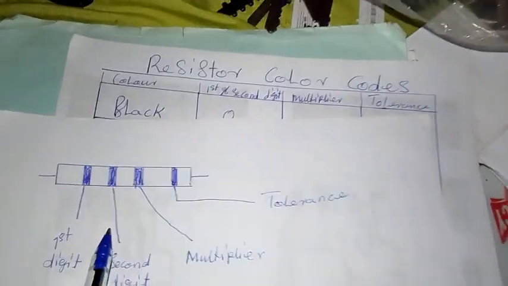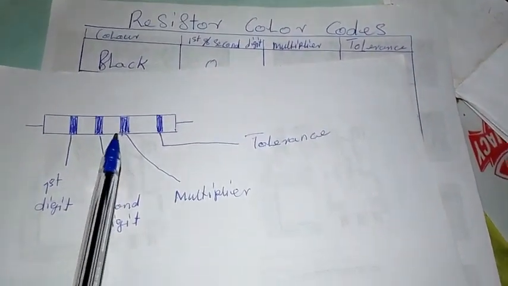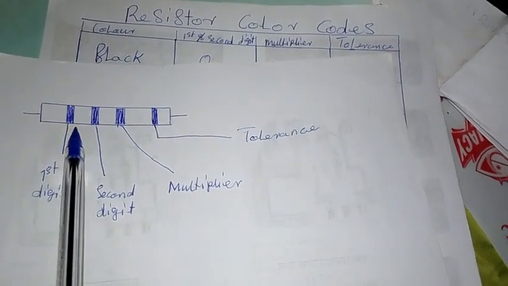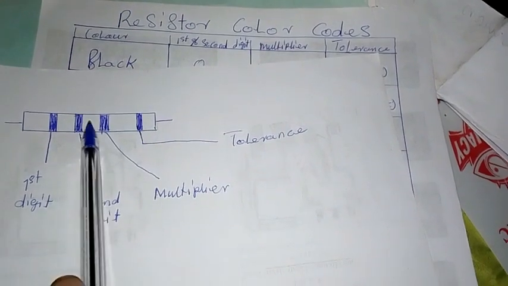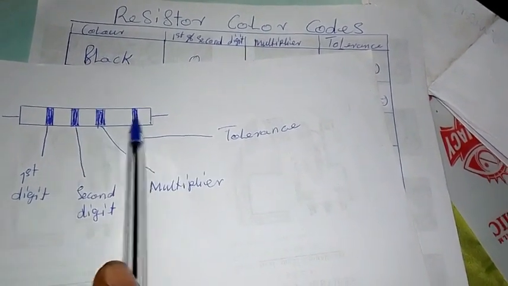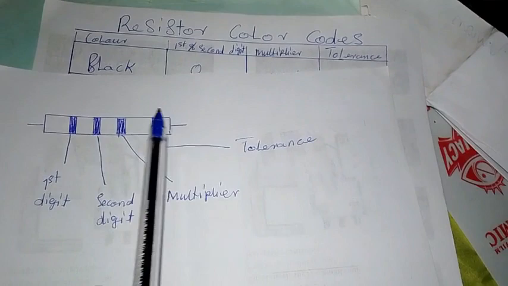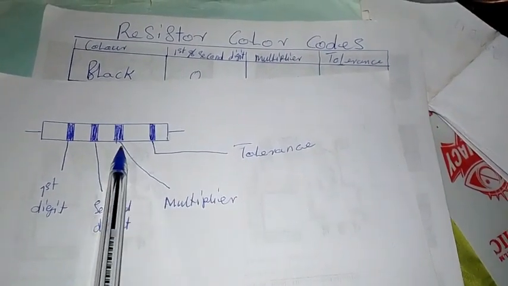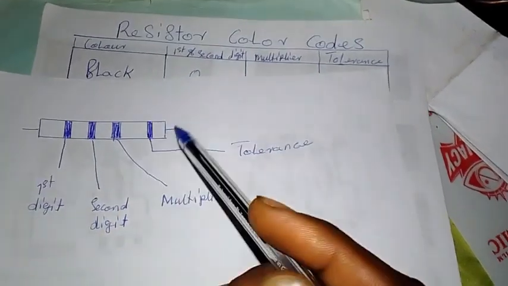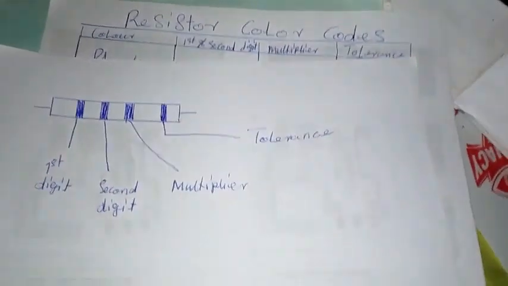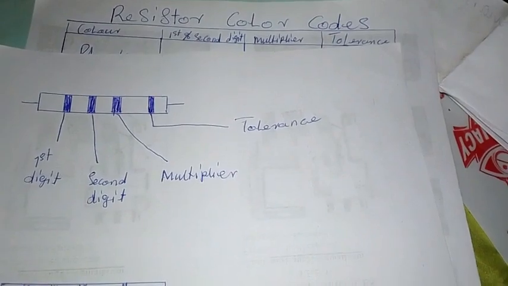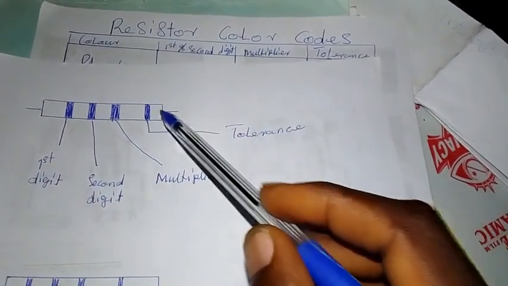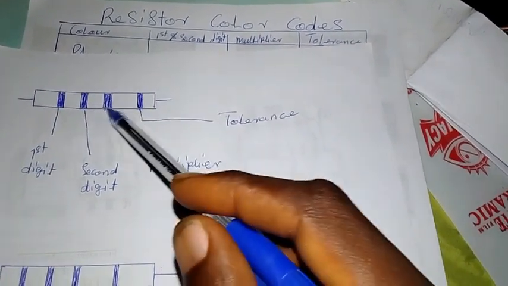So the formula used here, when you see these 4 color bands on a resistor: one thing you have to first of all know is that in most cases the tolerance band has a slight difference in spacing.